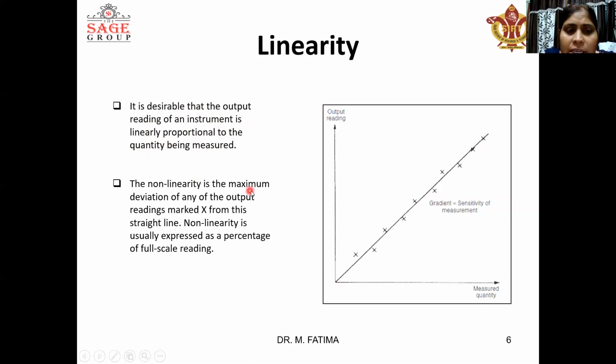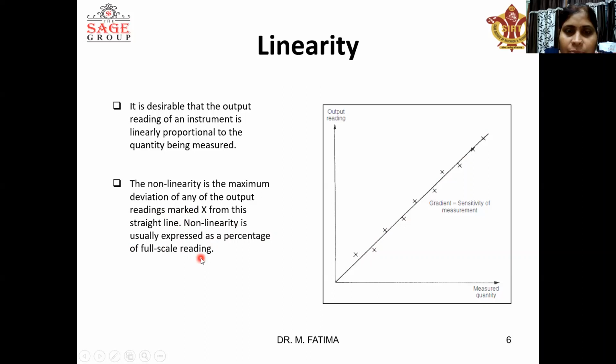The non-linearity is the maximum deviation of any of the input readings, marked X, from this straight line. If the value comes from here, here and here, it means the instrument is not linear. Non-linearity is expressed as a percentage of the full scale reading.